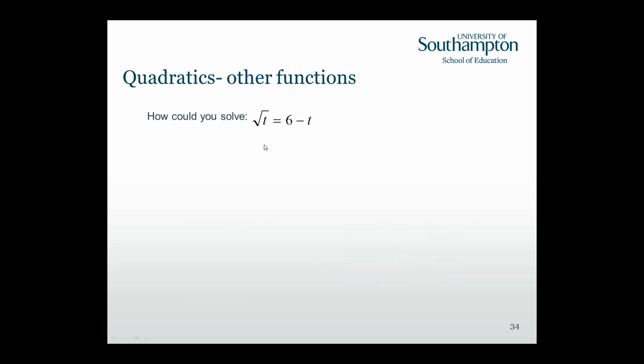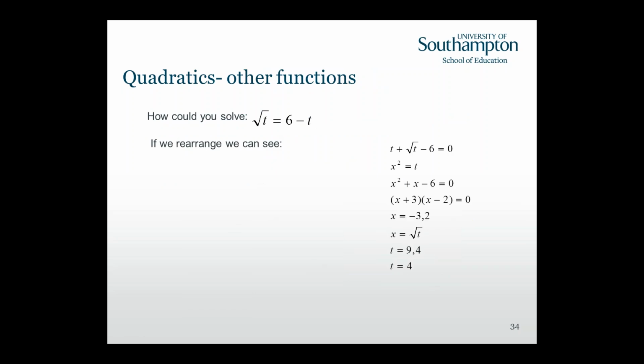Equally, how could you solve root t equals 6 minus t? Rearranging, putting it all on one side, again we do the same thing as before. Really, this is quite tricky to see, for anyone to see. You've got to let x squared equal t, and then you can get a quadratic, and then you go back the other way again.